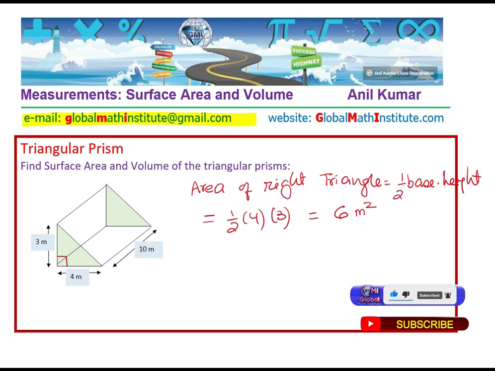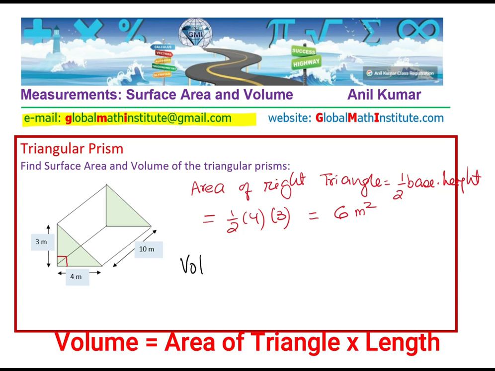Now from the area of the triangle, it is very easy to find both volume and surface area. So let's first figure out what is the volume. Volume is area of the triangle times the length.